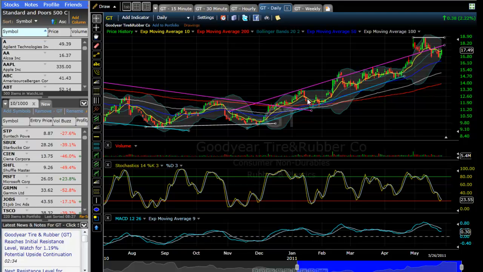If it did, typically I would get out once we moved down through the 8 EMA. Once we broke back above the 8 EMA, I would get back into the trade, and I would trade towards the upper end of this channel and get out.